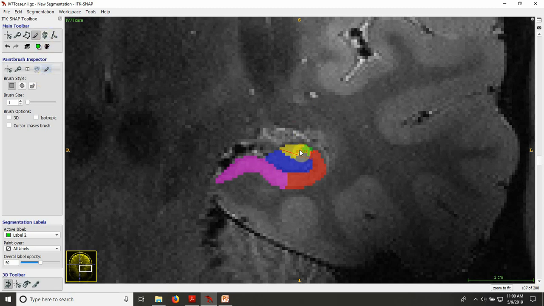So I'm gonna adapt this. And actually this voxel is below the SRLM, so I wouldn't include that in the green label, so I'll leave that in yellow. I'm gonna remove the line. So this would be my final segmentation in this particular body slice.